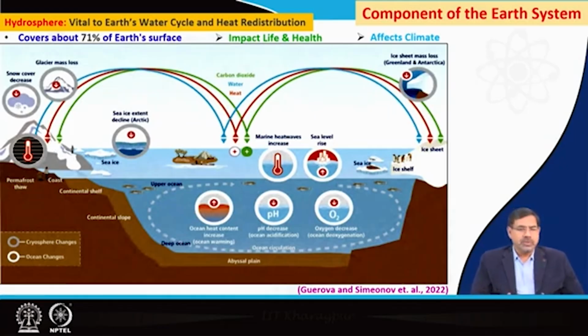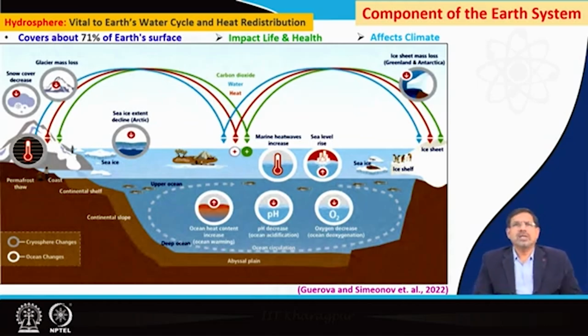Here, if you see the major dominant components, such as the snow cover variation, decrease or increase, the glacier mass loss, and on the right hand side the ice sheet melt and mass loss, and down below you can see the changes in terms of the ocean heat content, in terms of the pH decrease, which we discuss as ocean acidification, and then the oxygen level decrease, or what we call ocean deoxygenation.